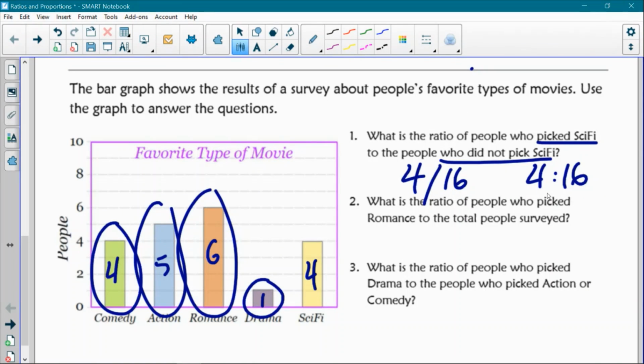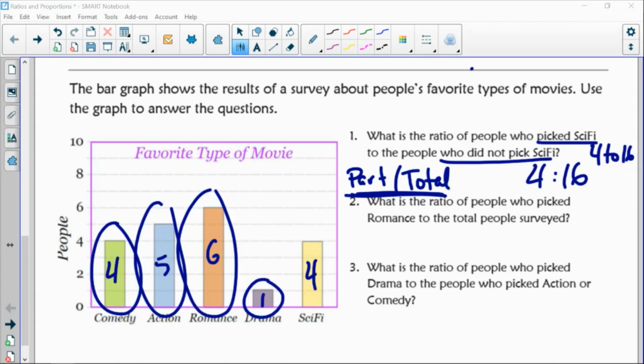You more naturally read this as 4 to 16. Actually, I don't want to use this one. This is usually used as a comparison of a part out of a total. And the reason we use that is because that ratio is kind of particular. It actually also represents a percentage out of a total.